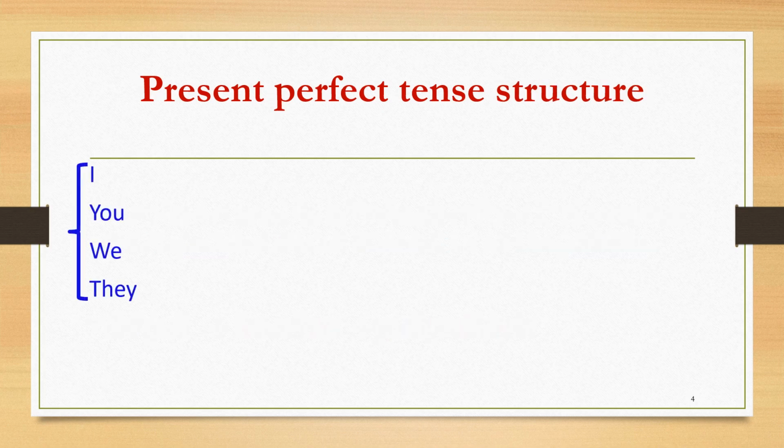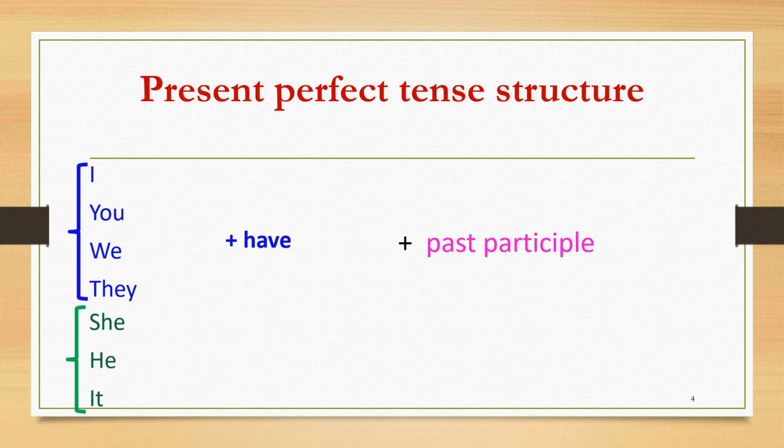So with I, you, we and they, we add have plus the past participle, while with she, he and it, we add has plus the past participle. How do we get the past participle?